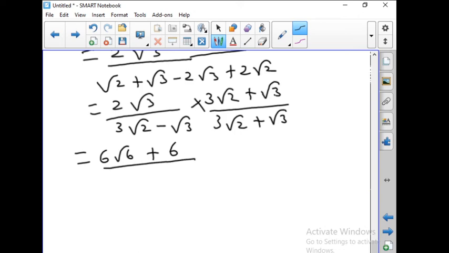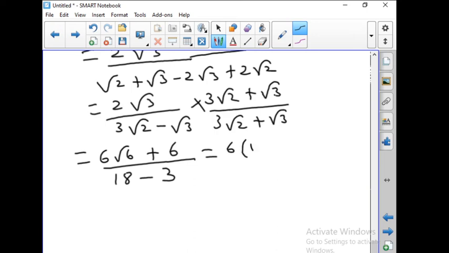By, here we have a plus b into a minus b. So a square, 3 square is 9. Root 2 square is 2. So 9 into 2, 18. Minus root 3 square is 3. So which is equal to, numerator we can take 6 out.